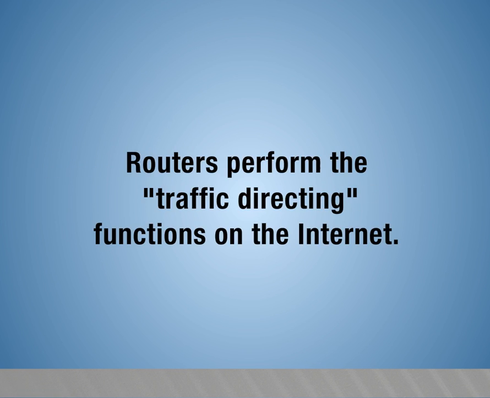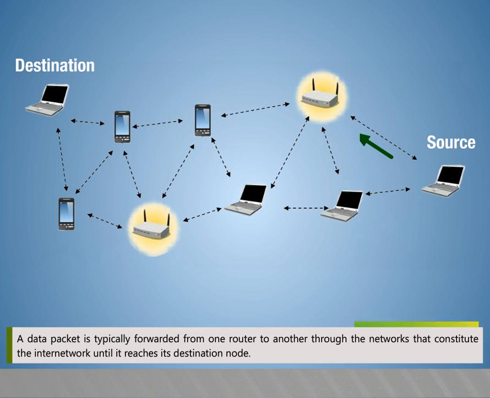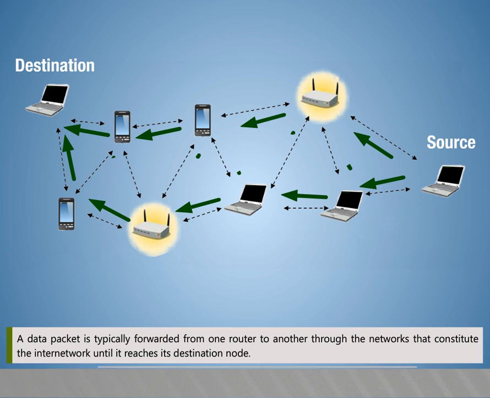Routers perform the traffic directing functions on the Internet. A data packet is typically forwarded from one router to another through the networks that constitute the internetwork until it reaches its destination node.